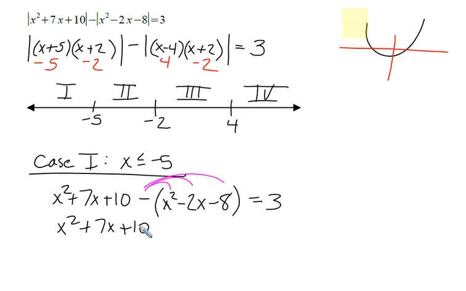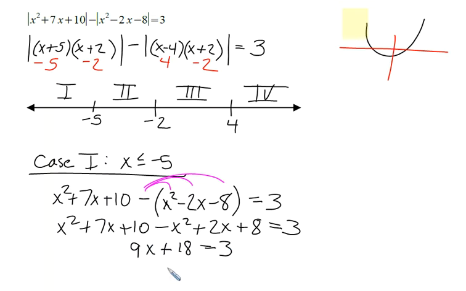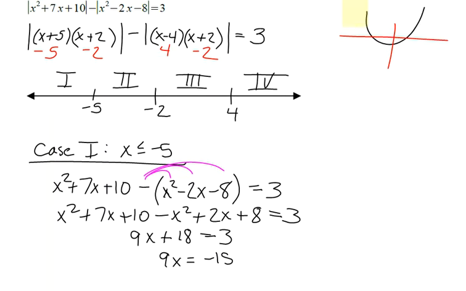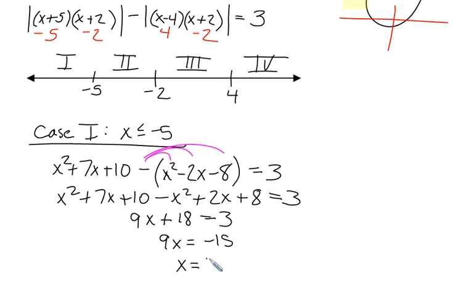And be mindful that you will likely be doing this problem without a calculator if it were to appear on a quiz or a test. The x squareds cancel, that's kind of nice. We get 9x plus 18 equals 3. So 9x would be -15, and x would be -15 ninths, which would simplify.